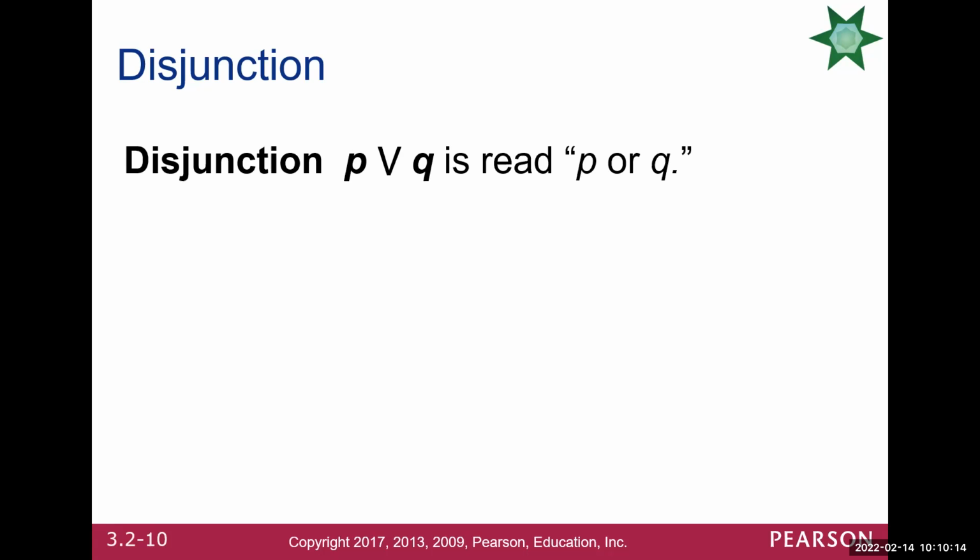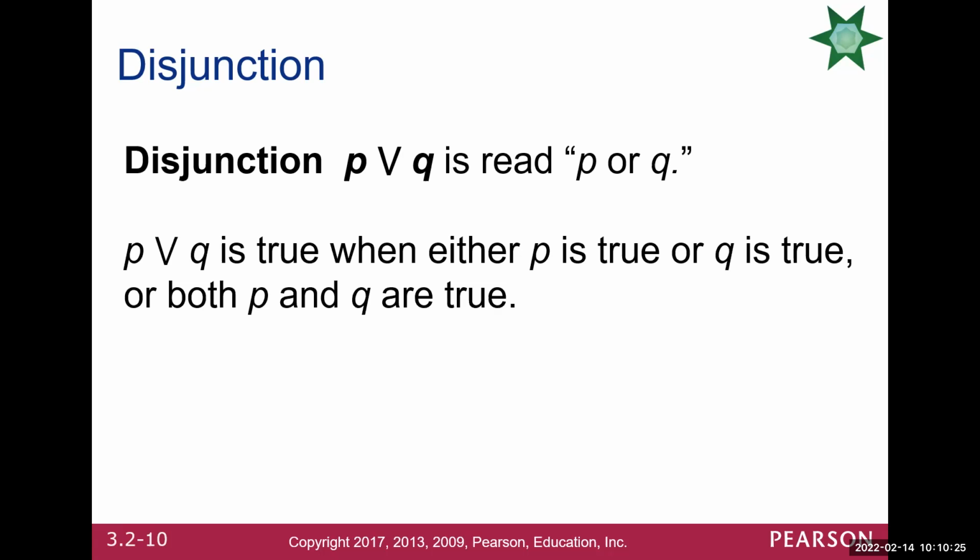Okay, disjunction. The disjunction is read P or Q. This, I need one or the other or both to be true. So P or Q, the outcome of that operation, of that connective, is true when either P is true or Q is true, or they're both true.